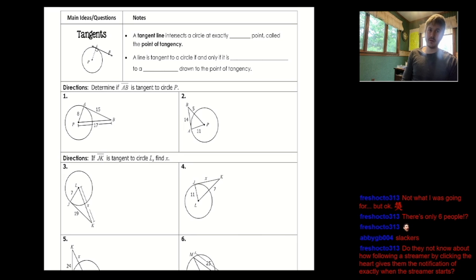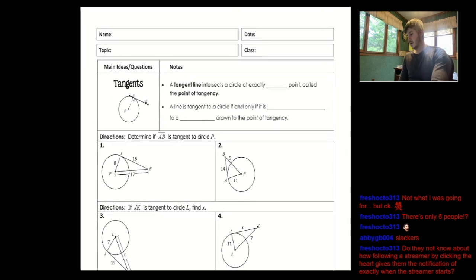We're just gonna learn something I think is considered pretty easy for the most part. It comes up a lot, and there's a lot of ways it can be utilized because of the nature of this topic, which is tangents.